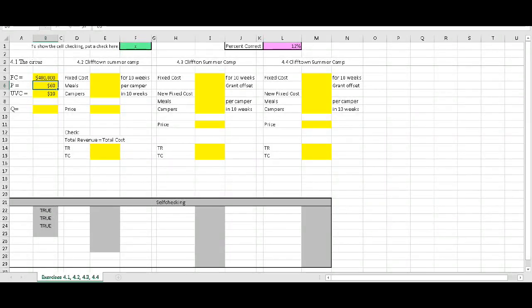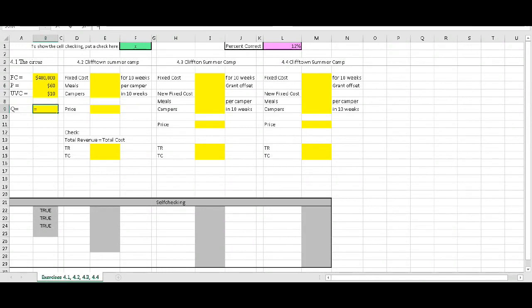All right, so I've got to switch back to my numbers here. So here's how this works. What you're going to do, get the right cell in here. The formula is simply this.